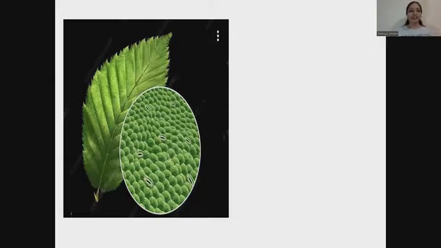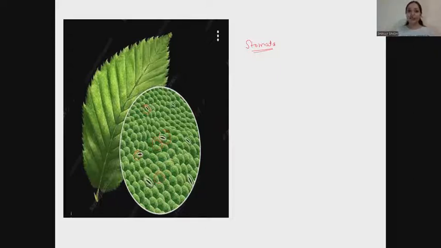You can see a simple green leaf, and if we have a close look at its surface, we can see tiny openings. These tiny openings are called stomata, and they are responsible for gaseous exchange in plants.